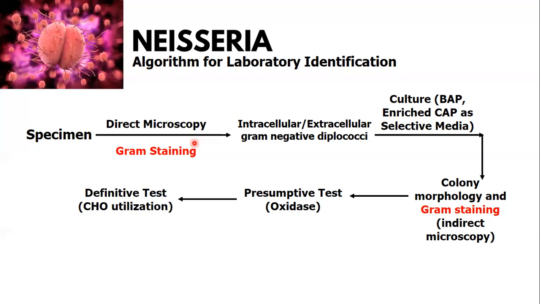And apart from the conventional CTA method, you can also utilize multi-test or chromogenic substrate method to determine carbohydrate utilization. And once isolated, you can perform AST, you can even perform beta-lactamase testing, and of course, reporting of results.